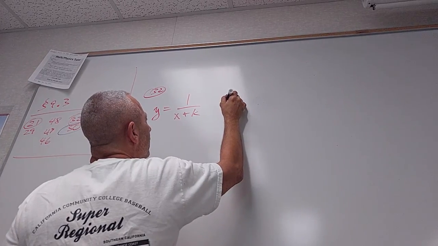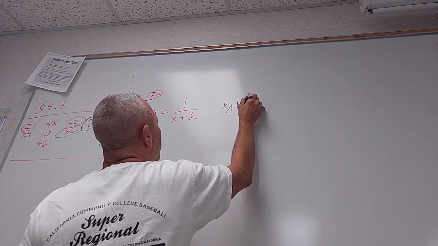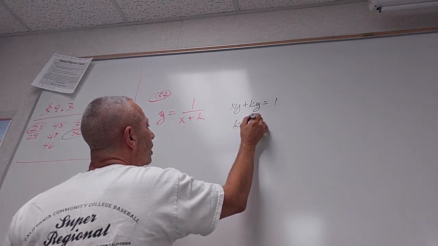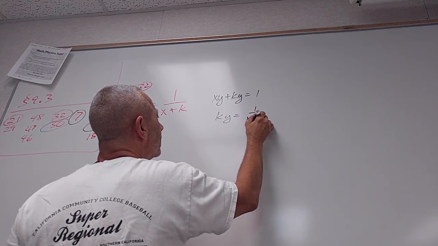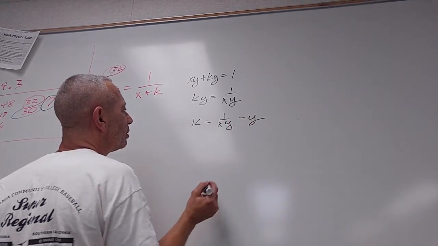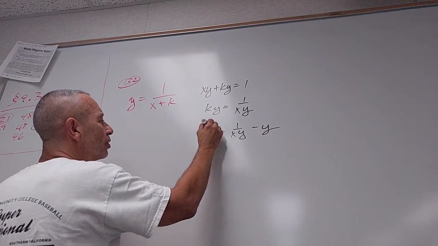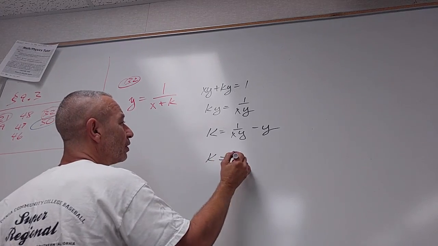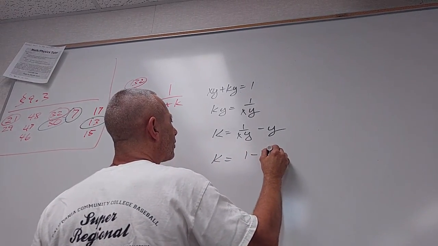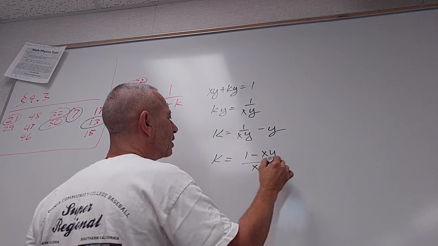Since xy plus ky equals 1, I guess ky is 1 minus xy, and k is 1 minus xy over y. So I'll write that as 1 over y minus x.